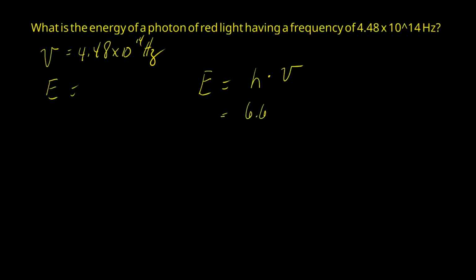It would be 6.626 times 10 to the negative 34th times 4.48 times 10 to the 14th. So my energy here is going to be 2.97 times 10 to the negative 19 joules.